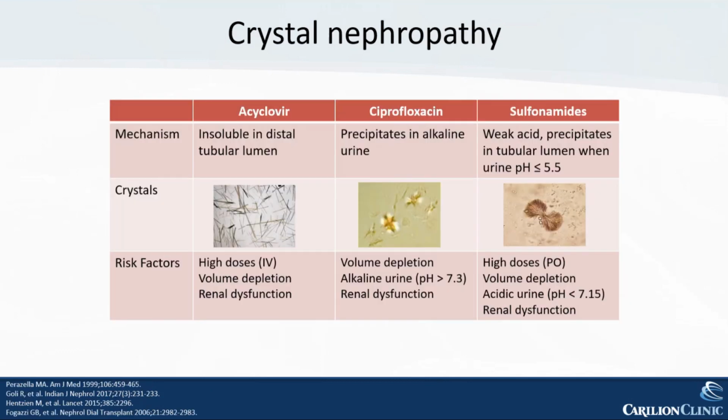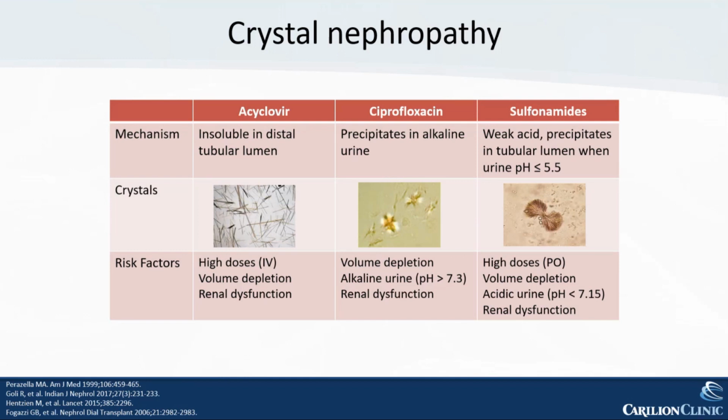And then our crystal nephropathy is when our agents precipitate out of solution within the kidneys and cause direct damage. And here, acyclovir is by far the most common agent to cause this. It's associated with high doses. So when we're treating for high dose acyclovir for CNS type infections on the inpatient side, but we can also see it with valacyclovir when we're treating for shingles and some of our other diseases where we're using relatively high doses, it's important that patients have really good fluid intake.